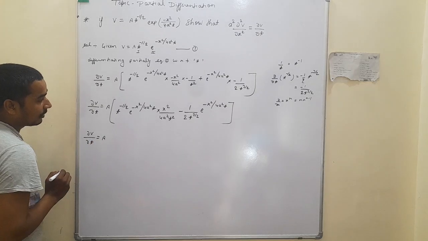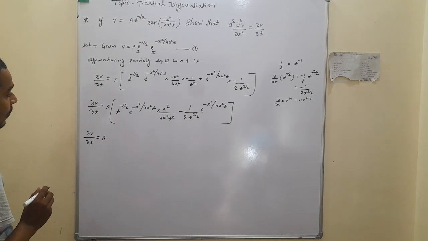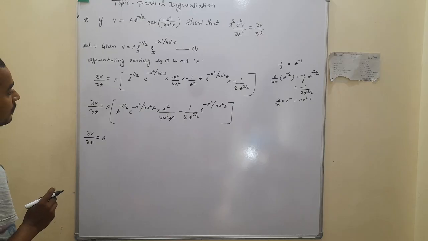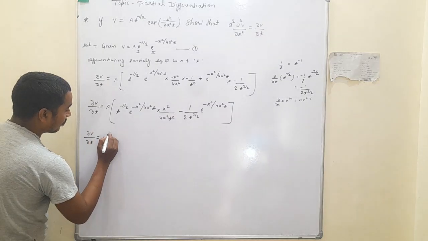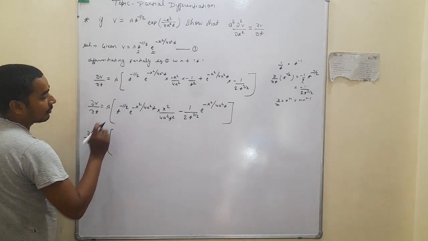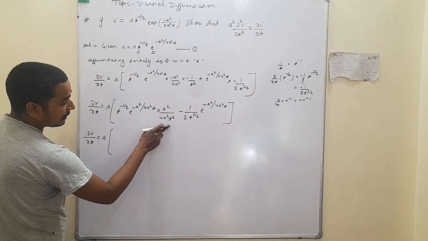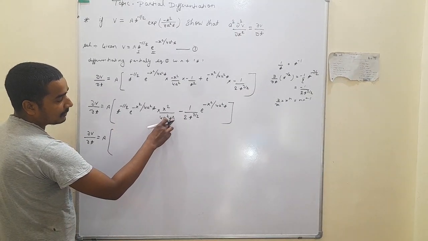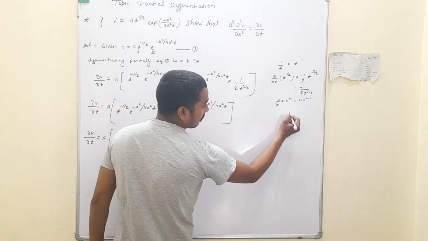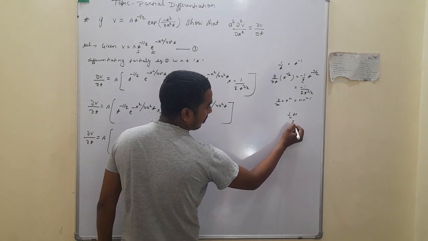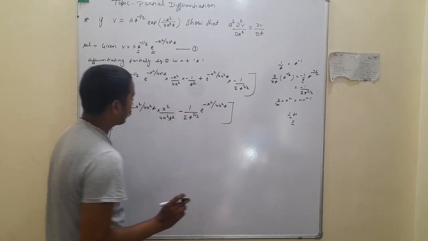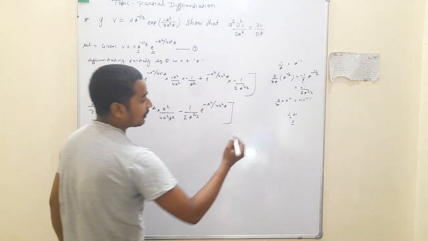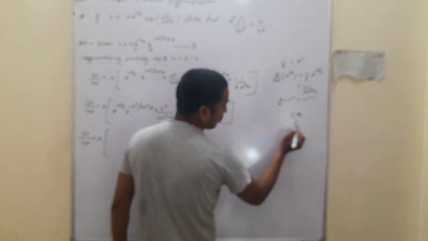Taking common here once again, we can also write this equation once again, t to the power of minus 1 by 2 is taken to denominator. This gives t to the power of 1 by 2, and 1 by 2 plus 2 gives 5 by 2.